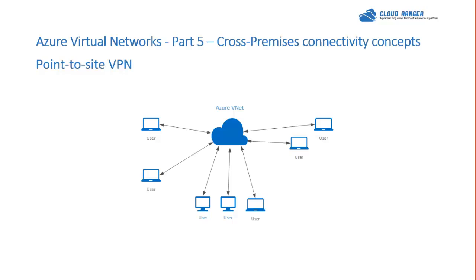So let's now talk about the different topologies you have for this cross-premises connectivity. The first one we want to explore is point-to-site. Point-to-site, regardless of its name, is something you may already be doing with your organization, where you have a laptop or you are working from home and your systems or network administrator will provide you a VPN application.